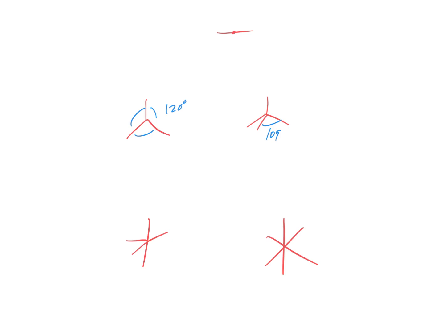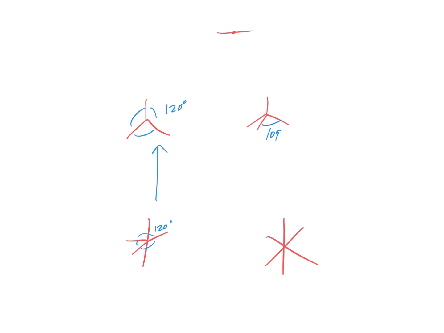If we're looking at the trigonal bipyramid, it would be the side view of this trigonal planar arrangement. So I have 120 degrees going all the way around, equal distribution, just like my trigonal planar up here, but then I have an electron group at the top and an electron group underneath that trigonal planar shape.